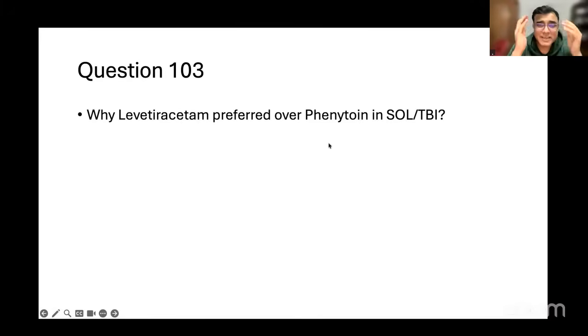And when you have a patient who has space-occupying lesions, you end up giving them steroids, you end up giving them chemotherapy. So that drug-drug interaction becomes problematic. That is why you want to give a drug which does not have a lot of drug-drug interactions. So that is probably the correct answer there. Okay. Drug-drug interaction.